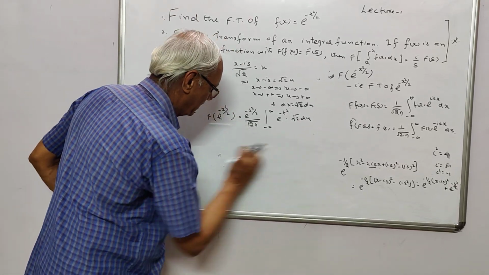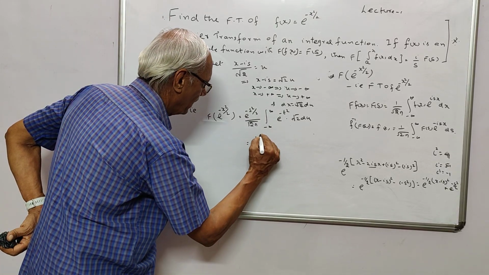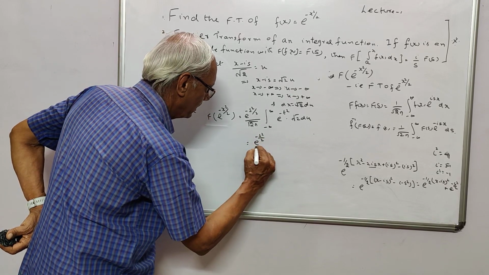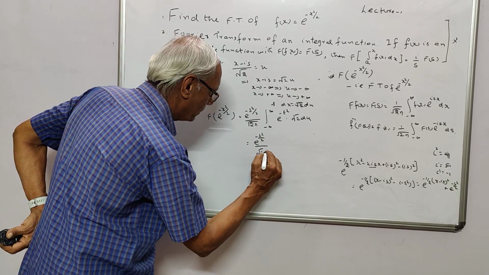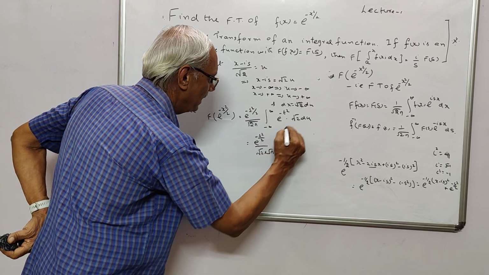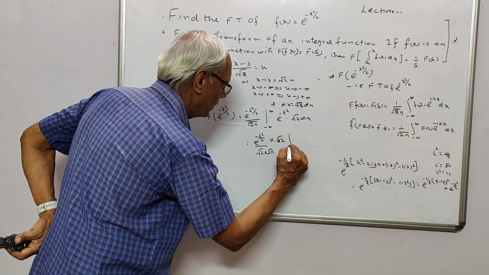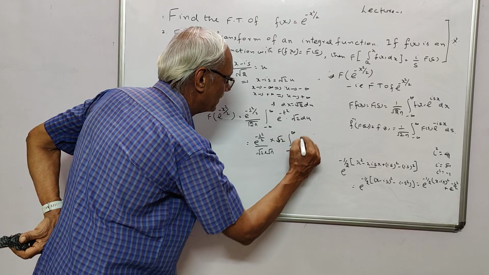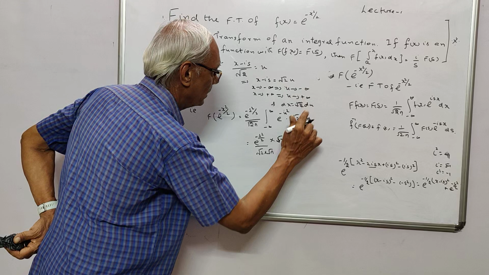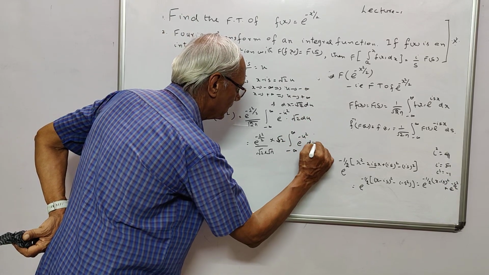So what is it that you will get here now? So this is e to the power of minus s squared by 2 divided by, I'll write this as square root of 2 into square root of pi, into, take the square root of 2 outside, square root of 2, integral from minus infinity to plus infinity e to the power of minus u squared into du.